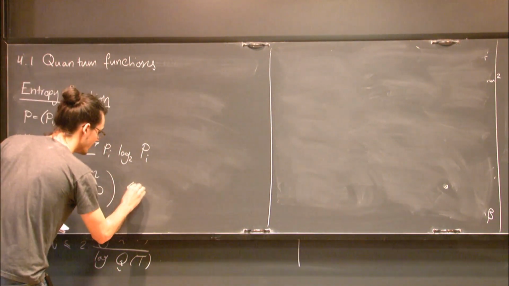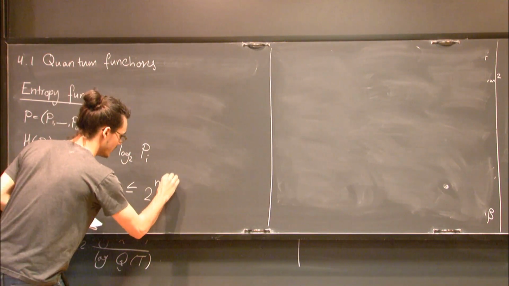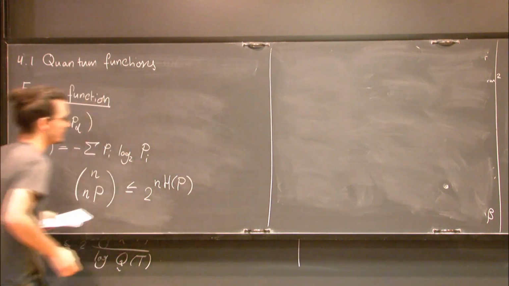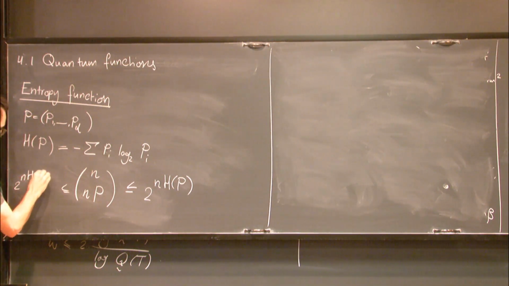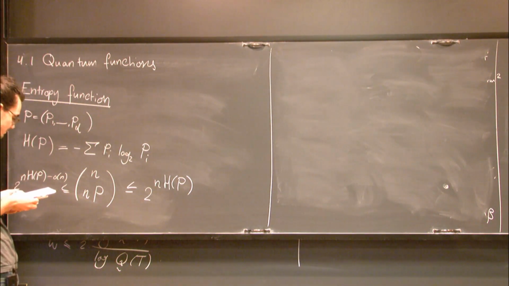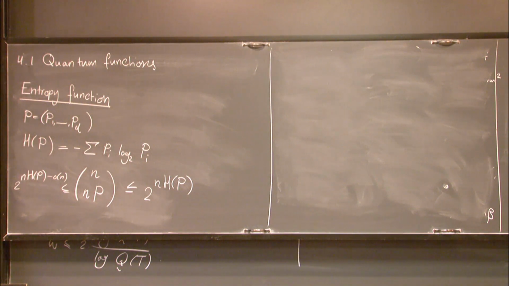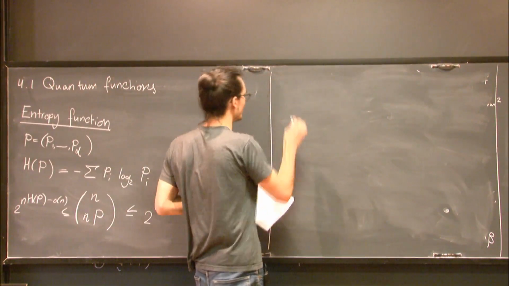And then you can prove that this is at most 2 to the power n times the Shannon entropy of P, and it's also at least 2 to the power n times the Shannon entropy of P minus little o of n. So the Shannon entropy tells us how these multinomial coefficients grow asymptotically. Now, the next thing I need is something called a moment polytope.